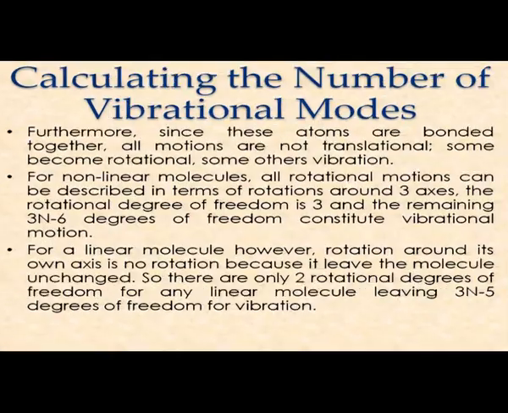Then molecules can be classified into two categories based on the arrangement of atoms in the molecule: linear molecule, nonlinear molecule. For nonlinear molecules, all rotational motions can be described in terms of rotation around 3 axes. The rotational degrees of freedom is 3 and the remaining 3n minus 6 degrees of freedom constitute vibrational motion. So, for a nonlinear molecule, that degrees of freedom can be computed using 3n minus 6.